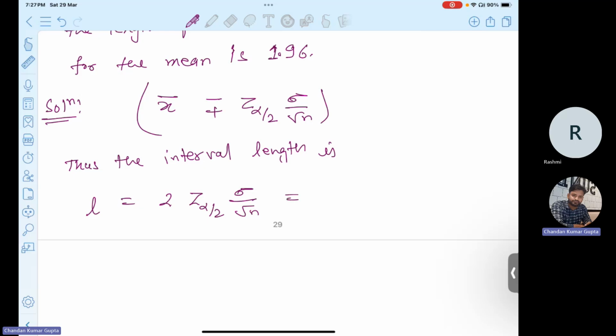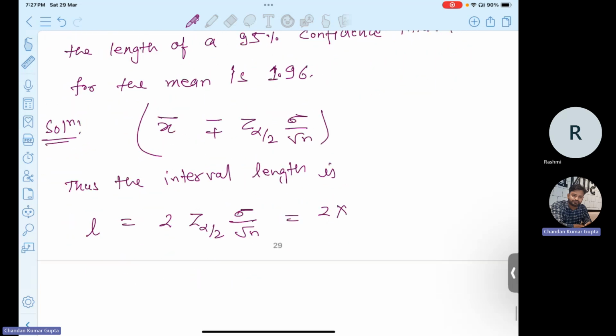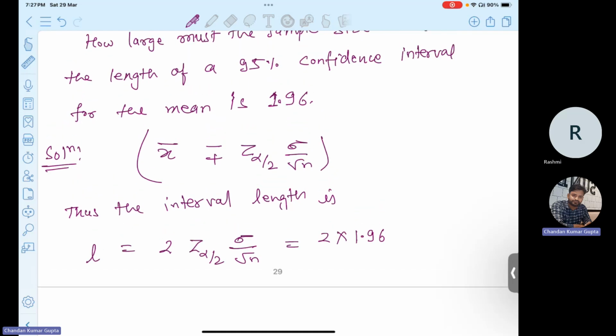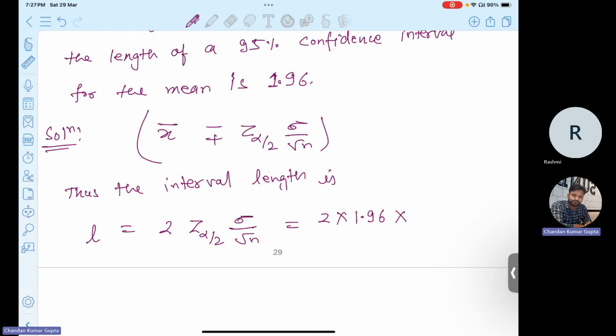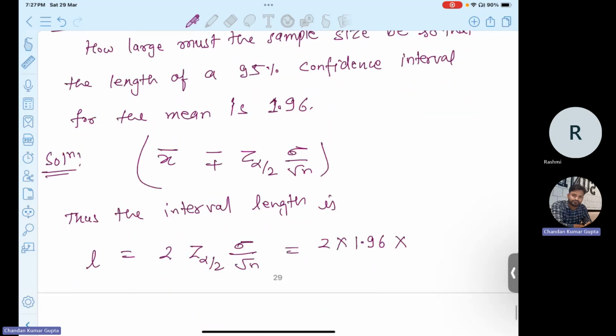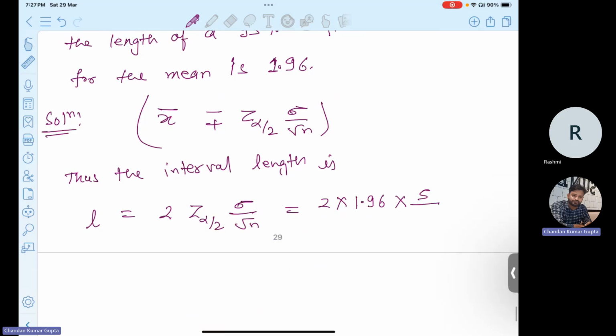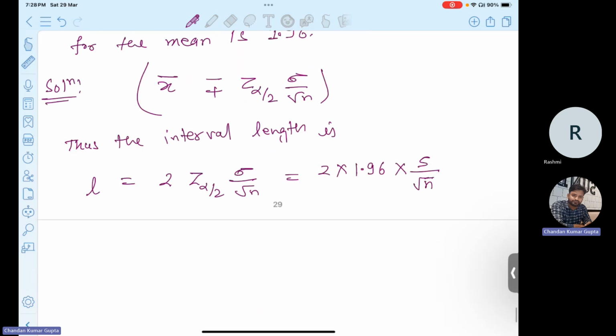So we can write 2 times 1.96, since we are discussing 95%, times sigma, which is 5 since sigma square is 25, divided by root n. We need to calculate n. Now the length is also given in the question as 1.96.